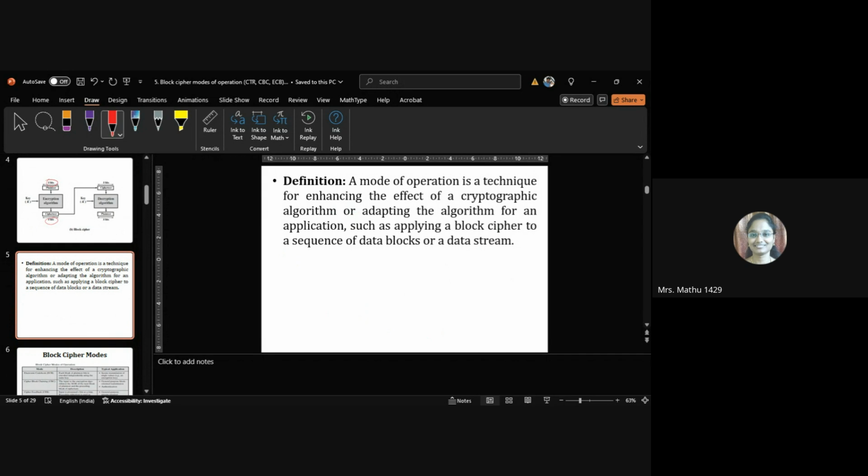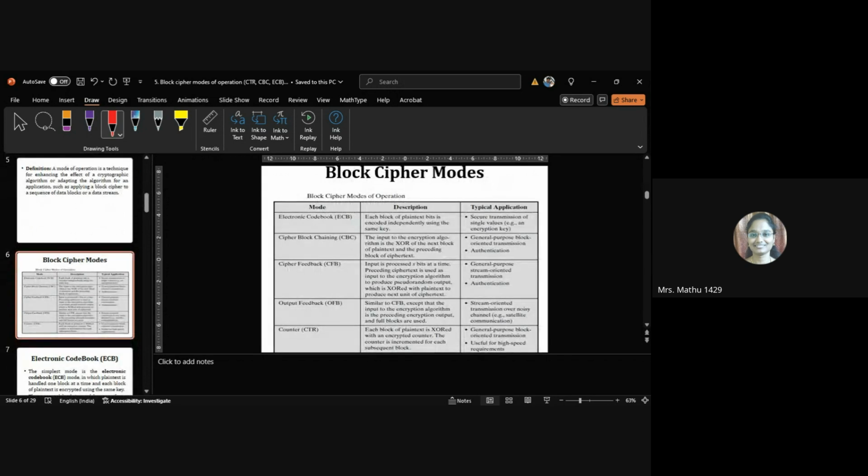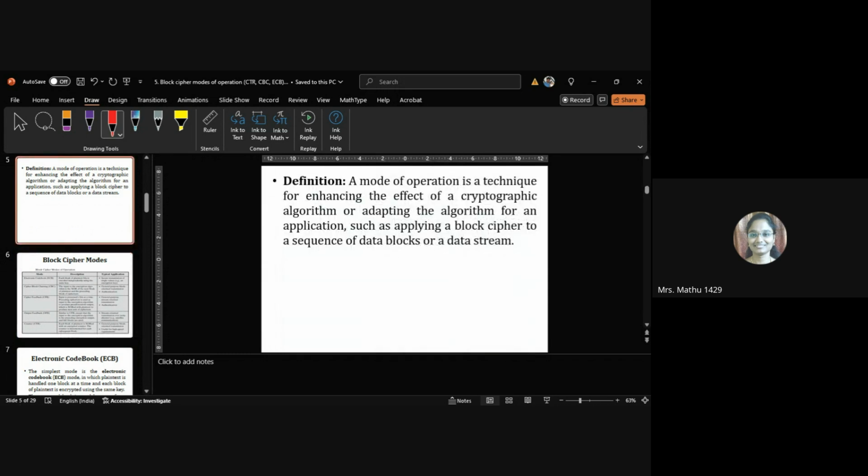Now we will study the various block cipher modes. A mode of operation enhances the effect of the cryptographic algorithm. The cryptographic algorithm itself is used for security purposes, so whatever message you are transmitting should reach the concerned person securely.